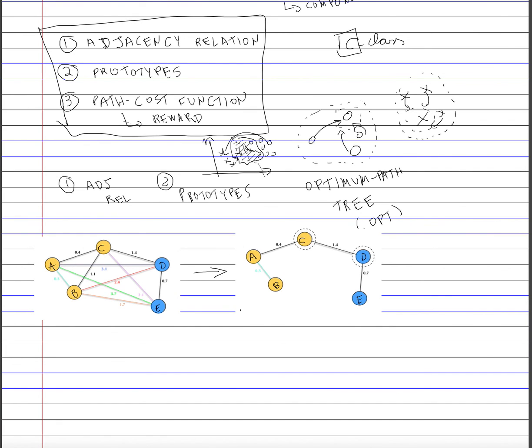So that's the minimum spanning tree. It comes from graph theory. Basically, we're going to find a subgraph that is a tree. I mean, it has no cycles, where the summation of the arc weights is as small as possible.